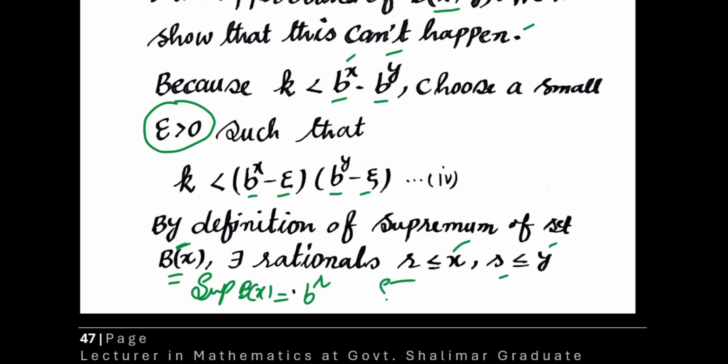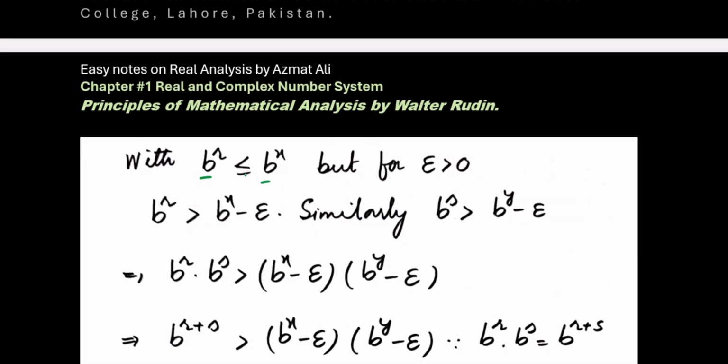Similarly, the supremum of b of y is equal to b raised to power y. Now, by using the monotonicity, b raised to power r should be less than or equal to b raised to power x, and b raised to power s should be less than or equal to b raised to power y.